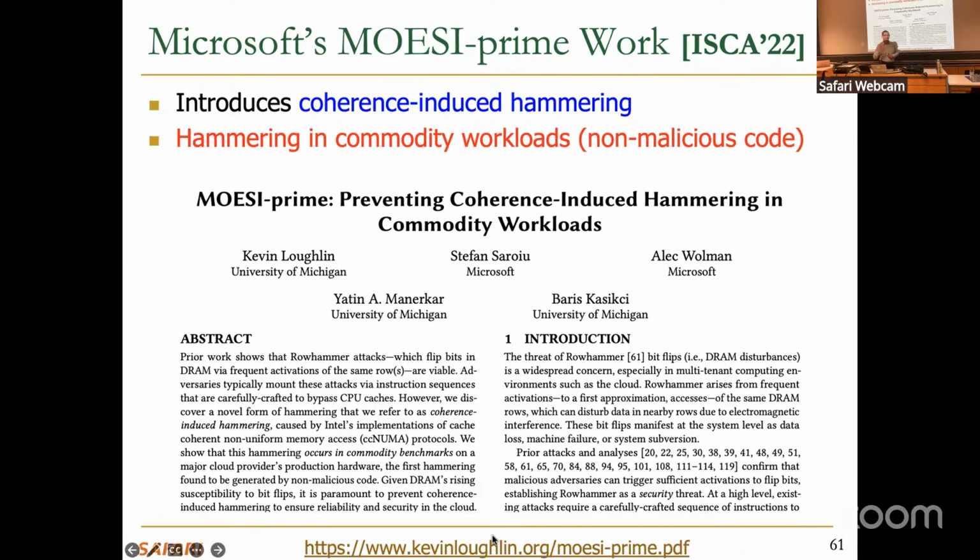You get a lot of hammering to a row in these workloads. And they were able to show that you could actually reach activation rates for some rows that are larger than the RowHammer thresholds. So that's actually interesting work.